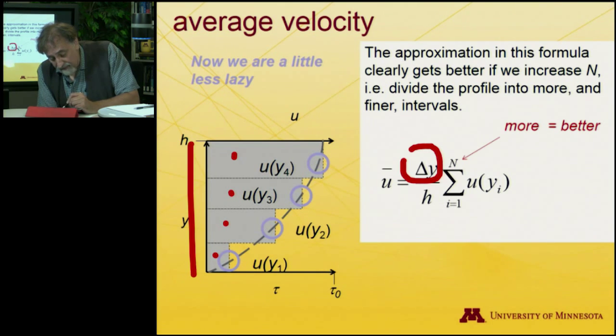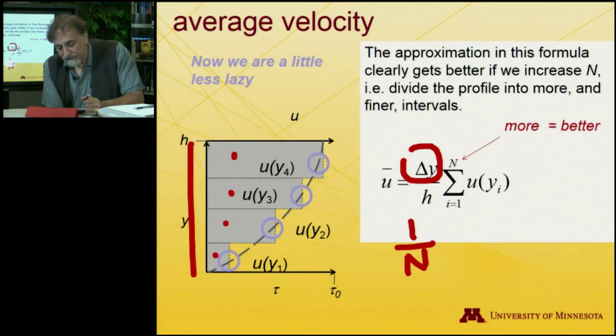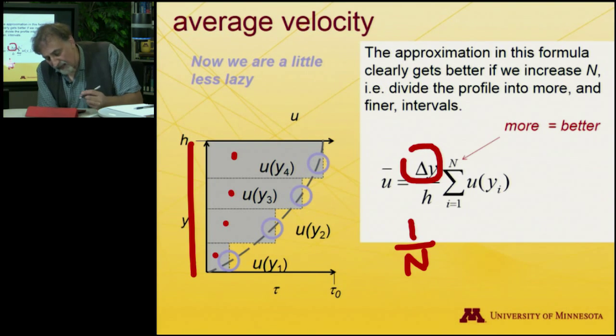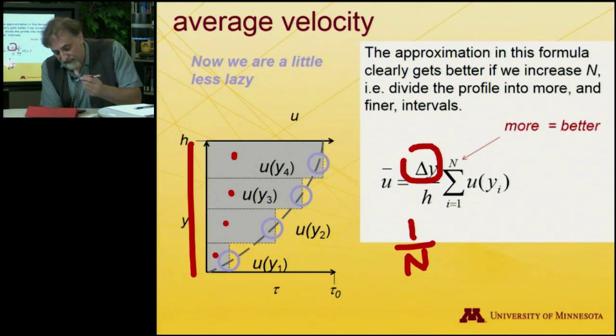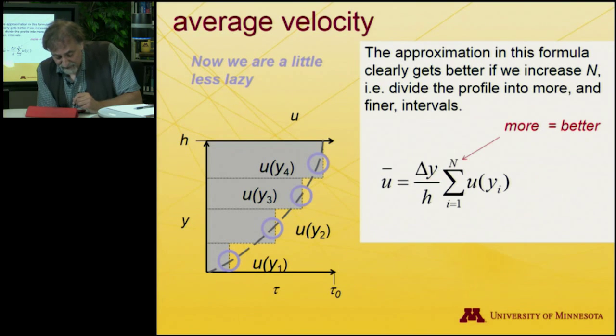But the delta y over h still represents 1 over n, the number that we use to normalize the average from elementary school onwards. And we realize, well, 4 is probably going to give us a better answer than 2. Then we have a little more coffee, and we figure, well, there's really no reason at all not to just use them all.